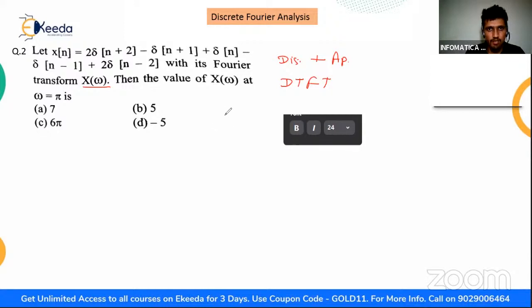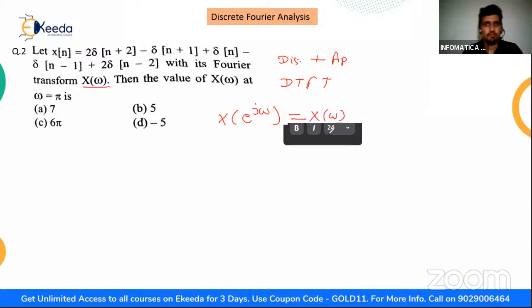Which is generally denoted by X of e to the power j omega, or they simply mention that, take it as X of omega. This we will find. We know delta n equals 1.